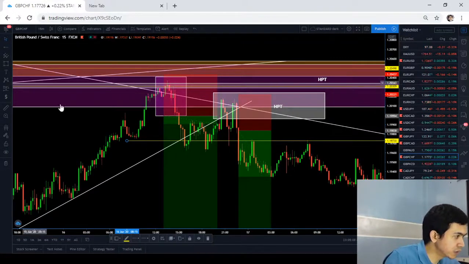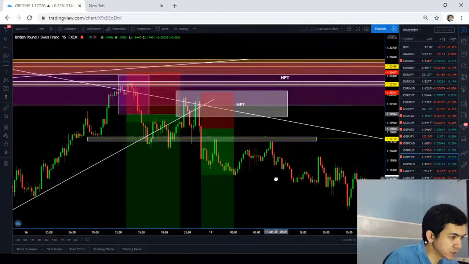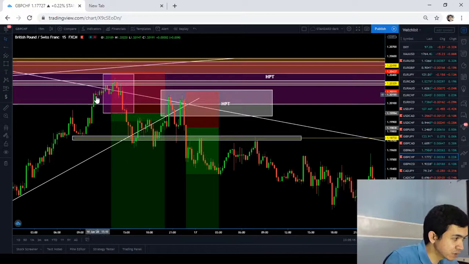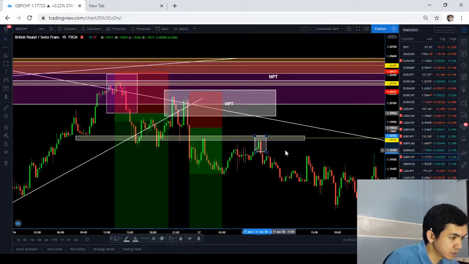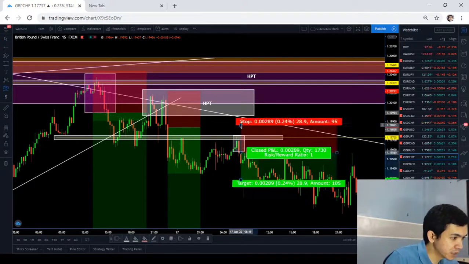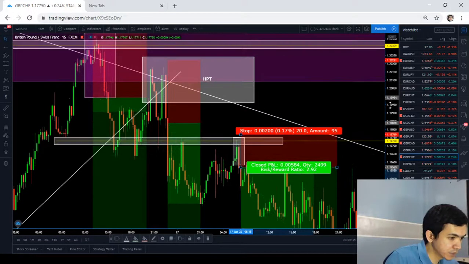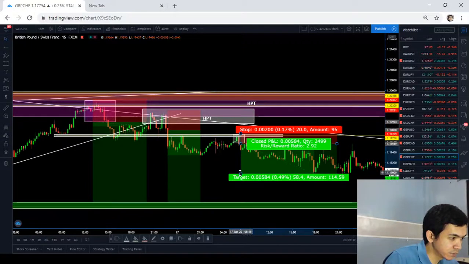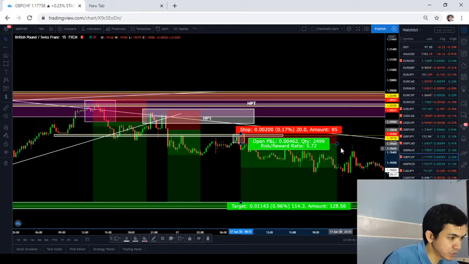So, this support got broken becomes what? New resistance. So, again, nakita nyo? Diba? Nakita nyo? There's another formation of engulfing bearish as confirmation. So, we can take the trade again, another opportunity, right the next candle, stop loss just above structure, and what? TP still on the higher time frame. Diba? That gives us what? 1:5 risk to reward ratio.